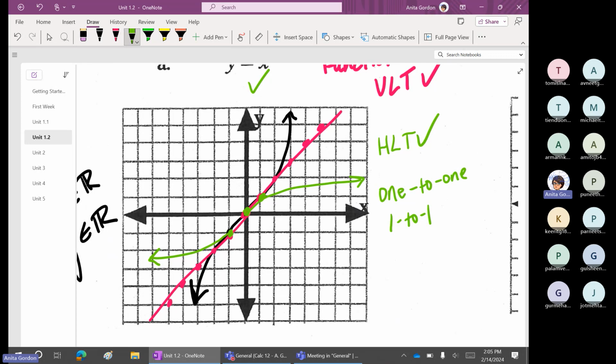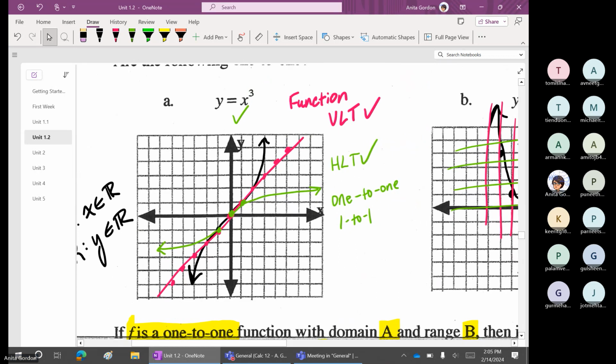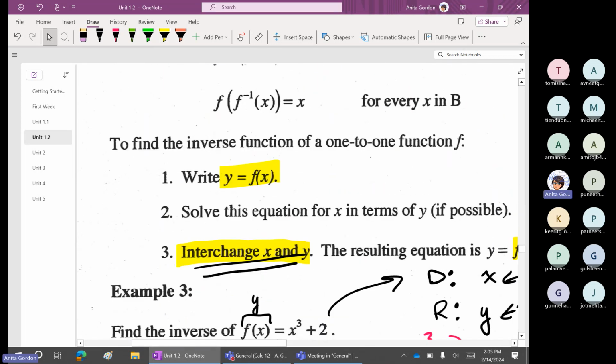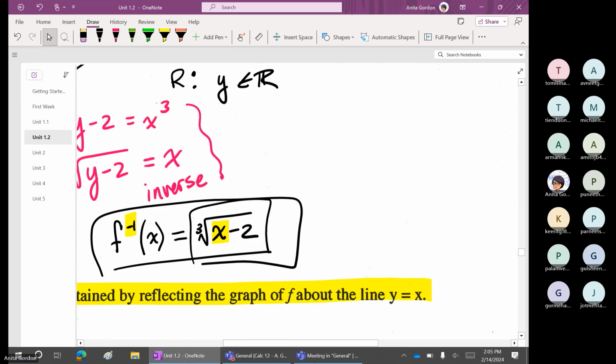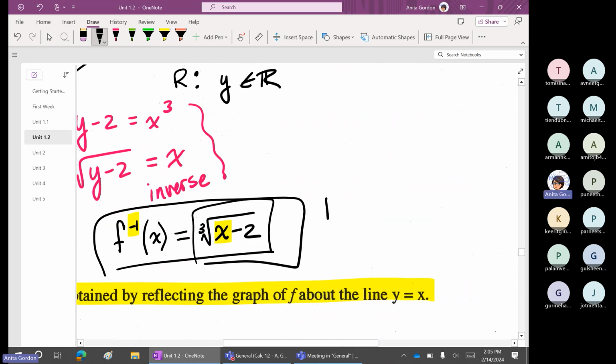And you can do it with any kind of function. I just wanted to do it here so you can see it's a graph that you know and you can recognize. Okay? So here, when we flip it, or sorry, invert it, what is the domain and range here?